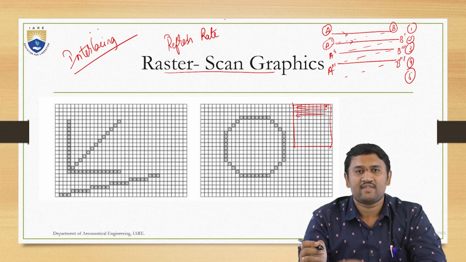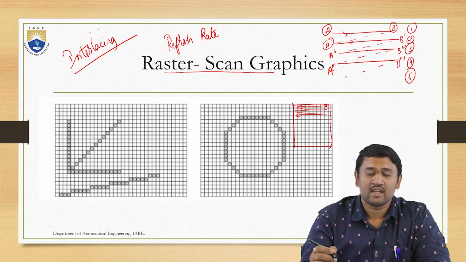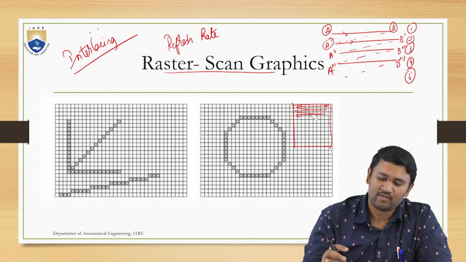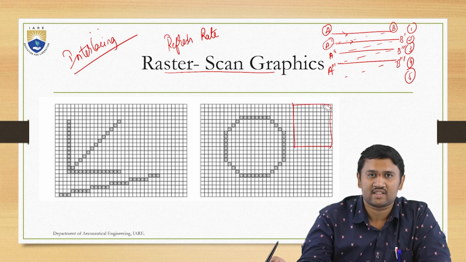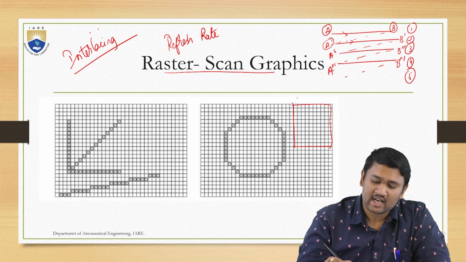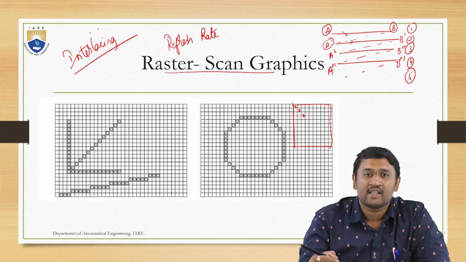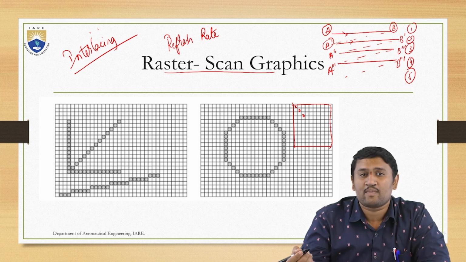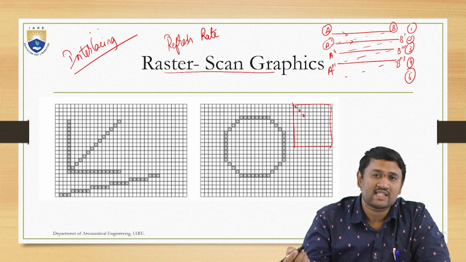This means your whole screen gets refreshed; image data at every cell is refreshed 60 times or 30 times, based on the refresh rate that the microprocessor or microcontroller is capable of.